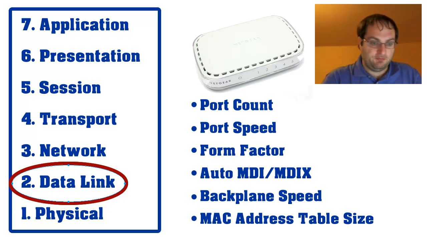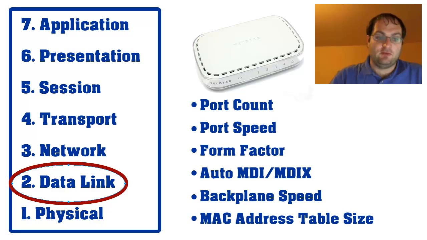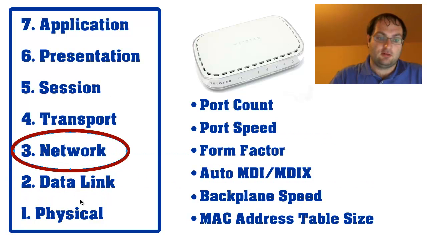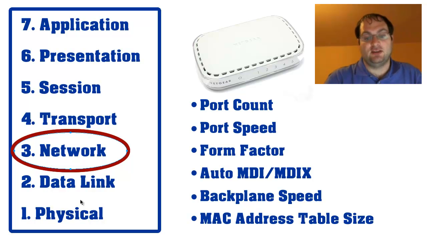Another term, which is not conducive with the OSI model, is a layer 3 switch. So traditionally, when you hear the word switch, you should think layer 2, the data link layer. Some people refer to a switch that actually has routing features in it, or has a router as part of the switch, as being a layer 3 switch.